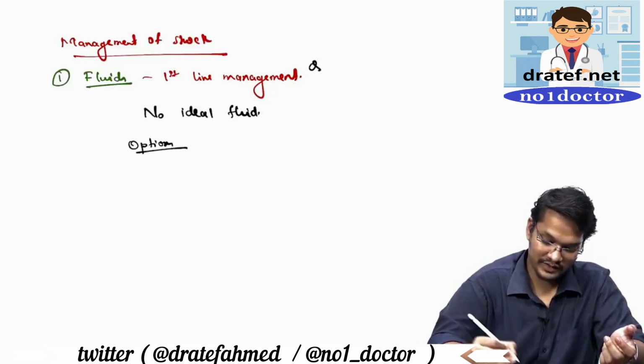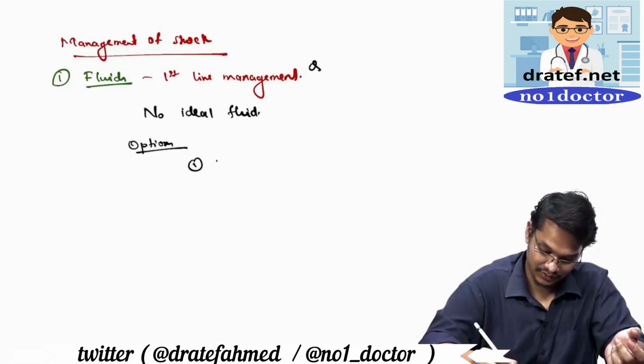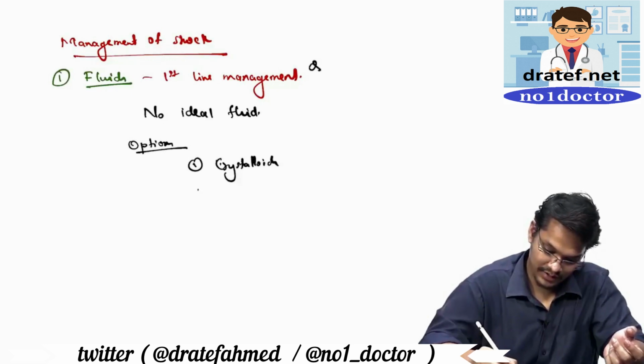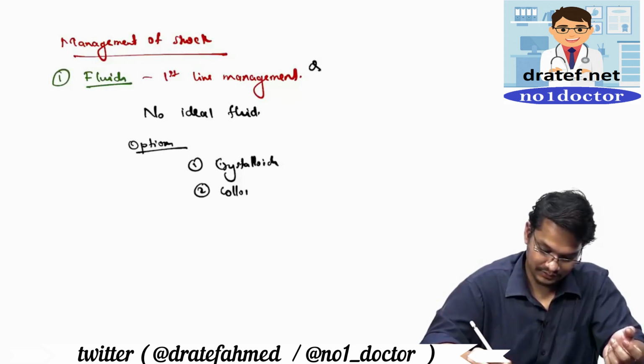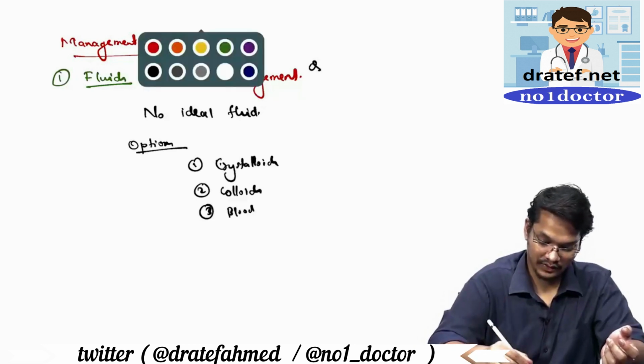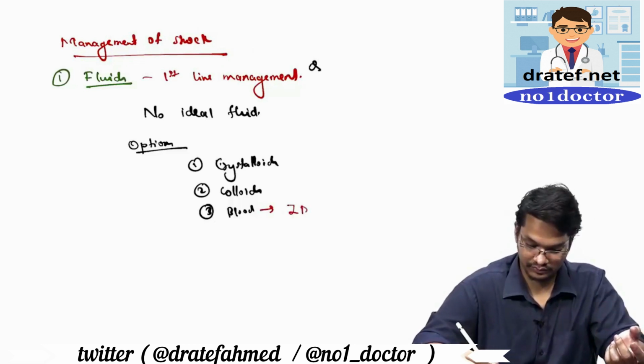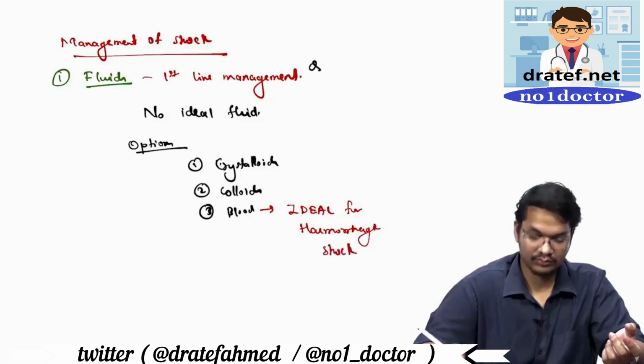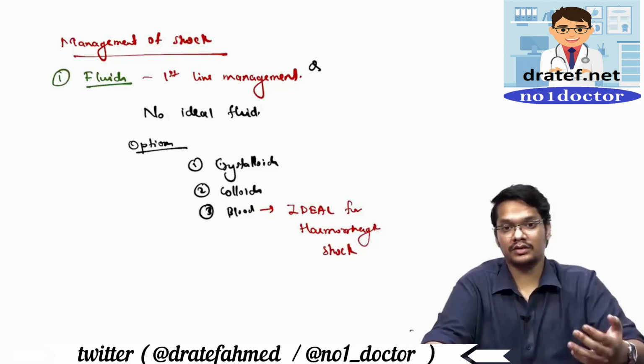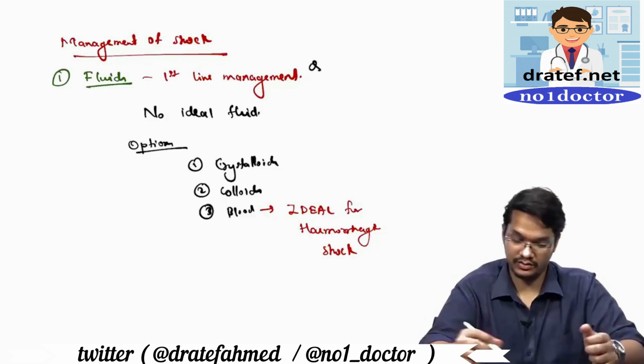So the options of fluid that we have in these patients are: first, crystalloids; second, colloids; third, blood. As I told you, blood is ideal for hemorrhagic shock.